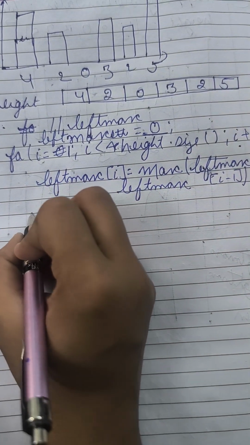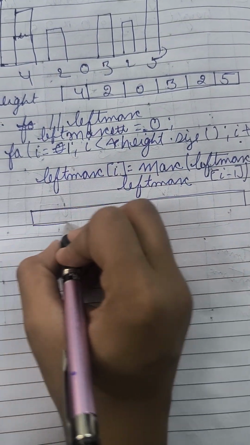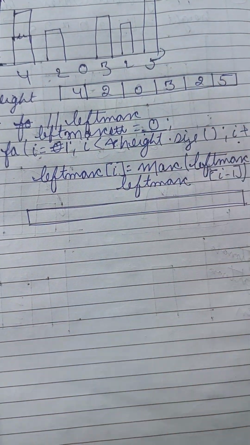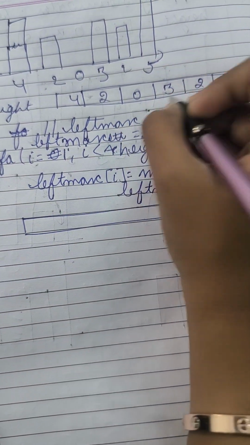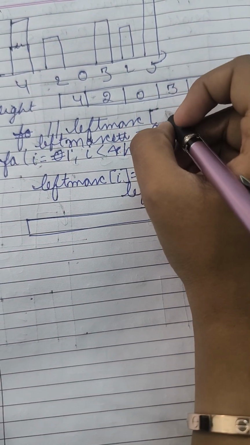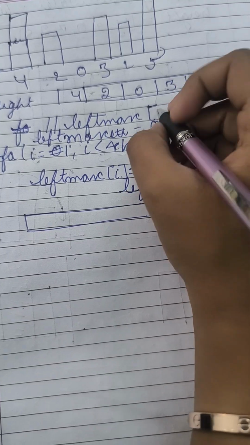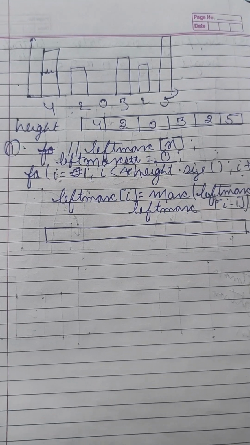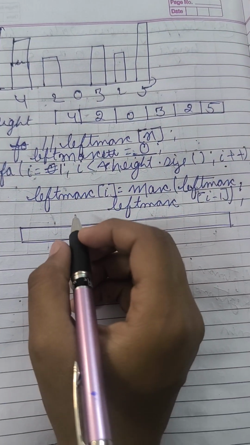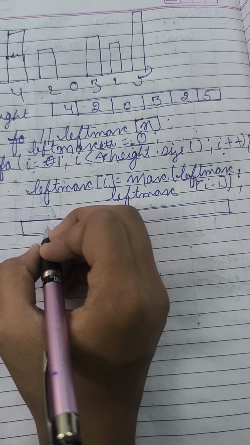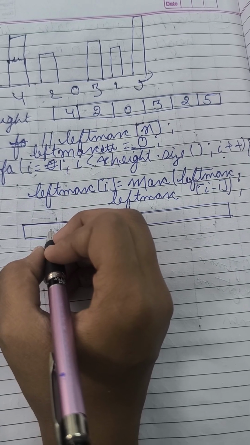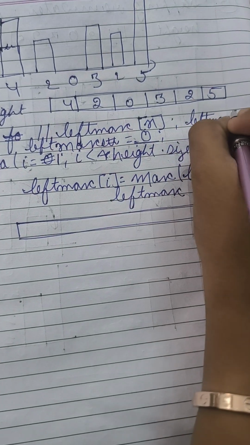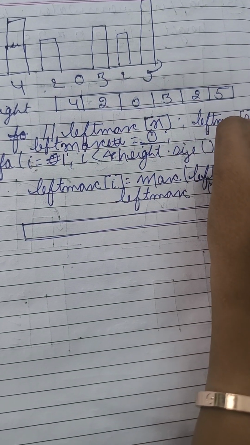See, right now I have created the array leftMax. Suppose I have created one array leftMax of the size of the container, currently taking n, just for dry run purposes. So leftMax of 0 you have to declare as height of 0.